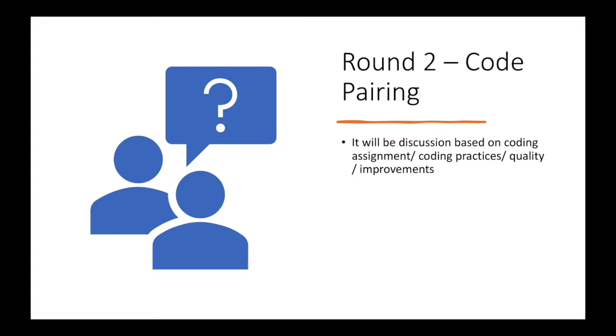For the assignment you have 2 hours, and the code pairing round would be a discussion of around 1 to 1.5 hours. What coding practices you followed, what quality and improvements, how you achieved responsiveness, and if not, how you can achieve it. Let's say you completed 70% of the coding assignment during those 2 hours but were not able to complete the remaining 30%.